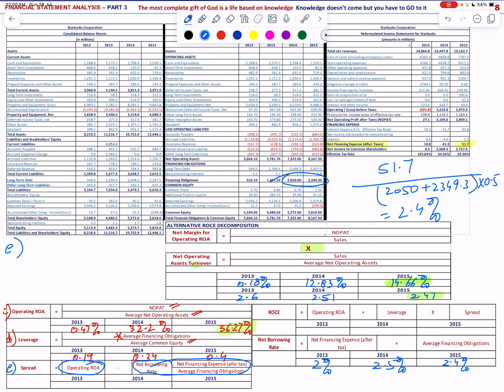Now we can look into the spread. Let us go for the spread now. So we have the operating return on assets, operating return on assets minus net borrowing rate.